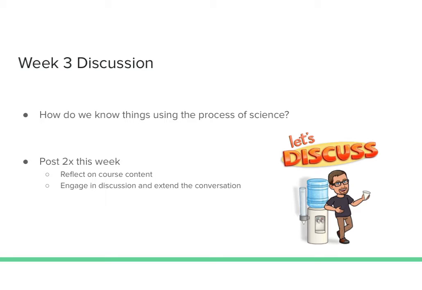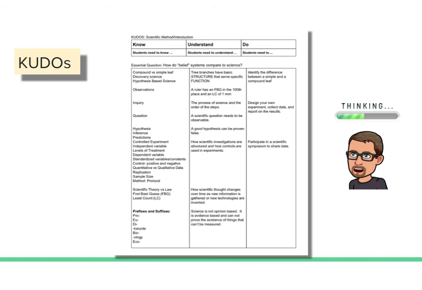Make sure you're reflecting on course content, taking a look at what you understand, what you know, what questions you have about course content, and then your second post should engage in the discussion and also extend the conversation. So think about how you can add more to the discussion throughout the week. Looking forward to those conversations this week.